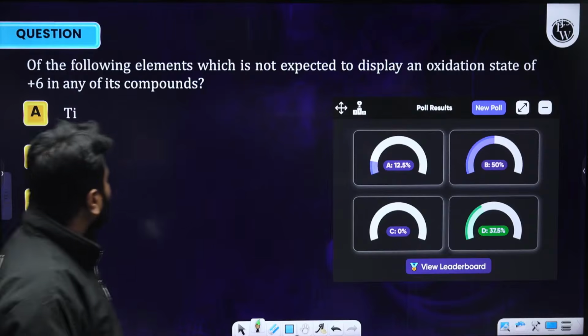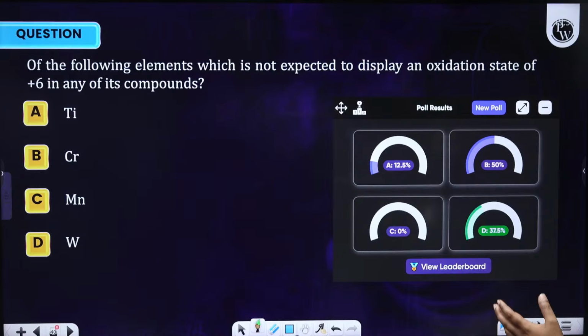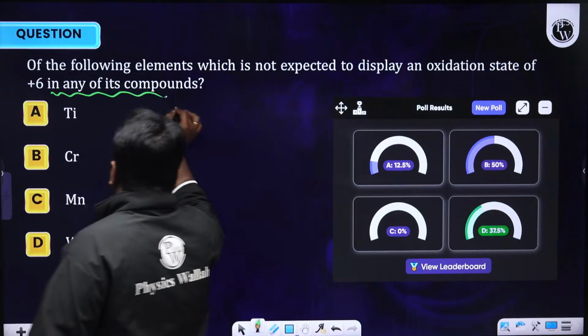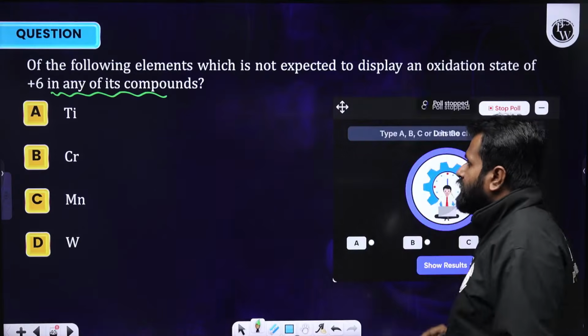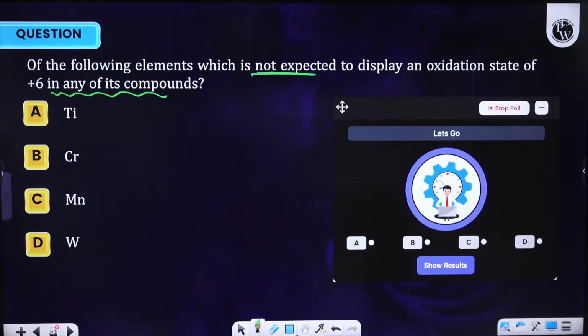Of the following elements, which is not expected to display an oxidation state of +6 in any of its compounds? They are asking about not expected.